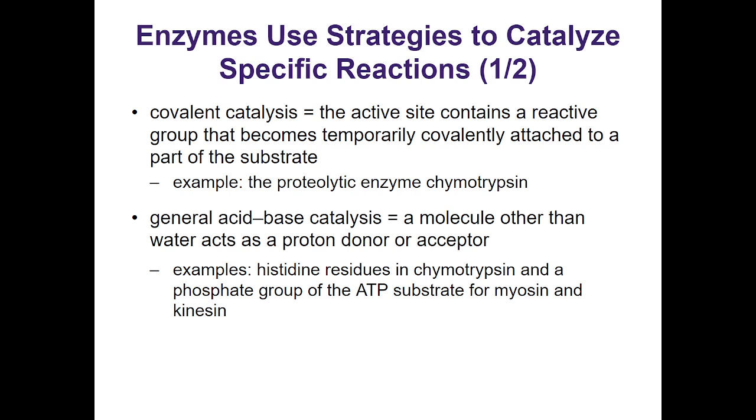And so some of these interactions are not just hydrogen bonding. You probably figured that out to a degree from the previous suicide inhibitors and such. But this would be the covalent catalysis. The example given here is the proteolytic enzyme chymotrypsin, which will bind to your substrate covalently, and through the process of the reaction will eventually unbind.